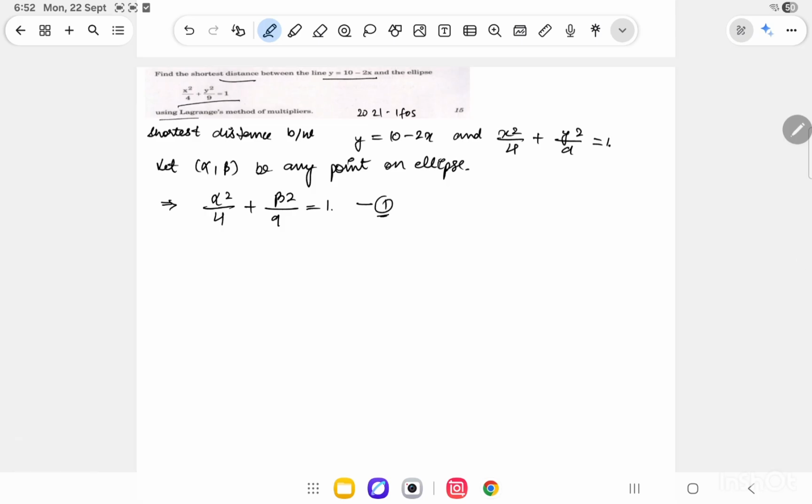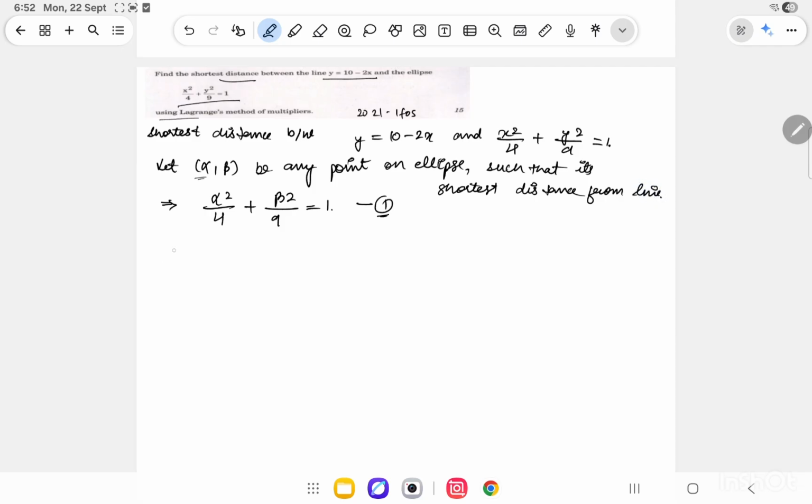And we are supposed to find the distance of this point P. We assume this point to be the point with the shortest distance from the line.